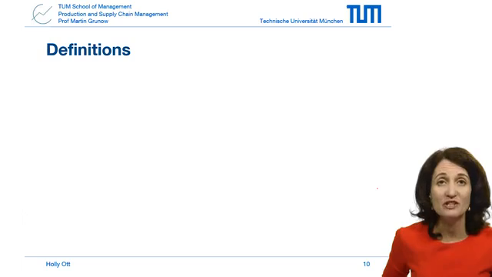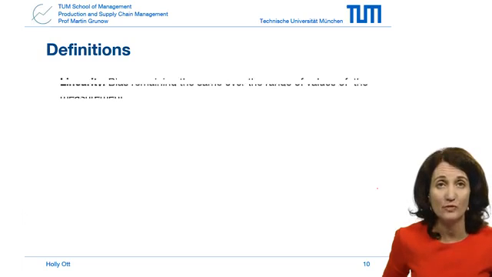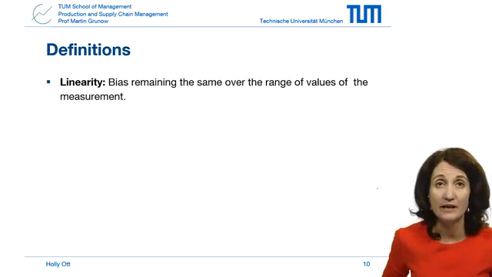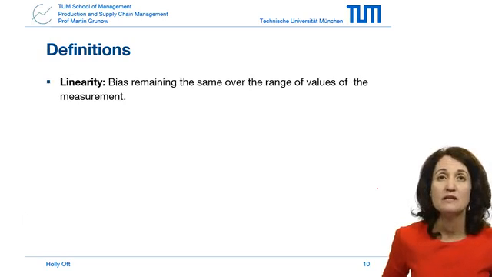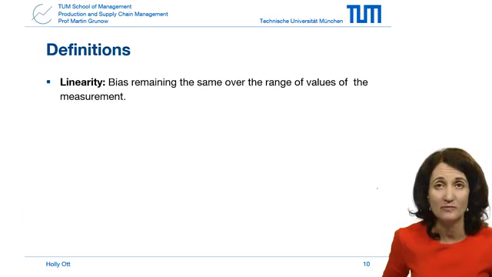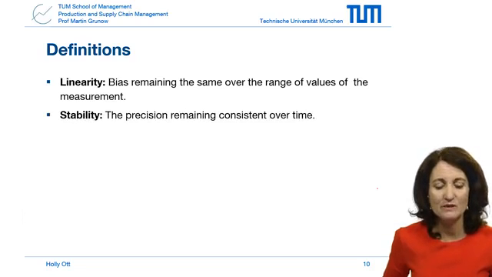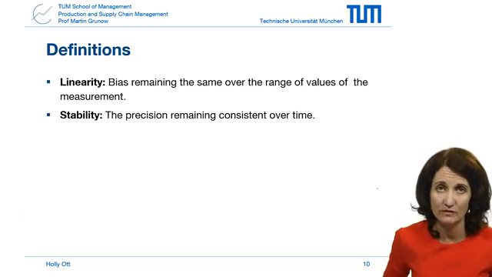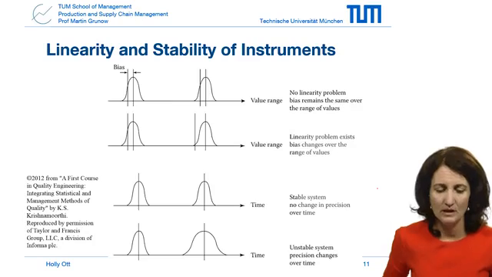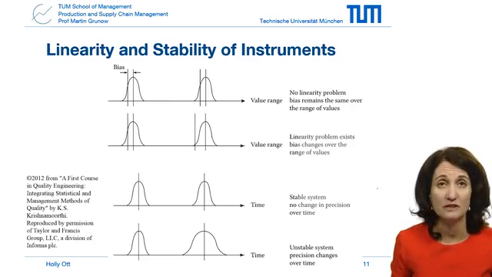So a few more definitions. We also have two other properties of instruments, linearity and stability. Linearity refers to how the bias remains the same over the range of possible values of the measurement, whereas stability refers to how the precision of an instrument remains consistent over time. So here we have again some pictures of stability and linearity.